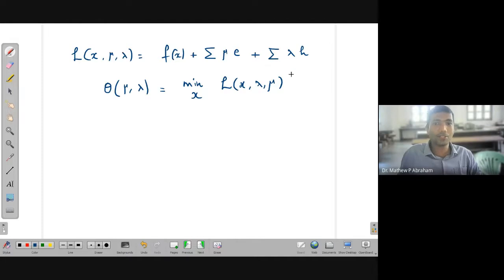It is actually an unconstrained optimization problem. Here L is just an objective function, and you just need to minimize with respect to x.